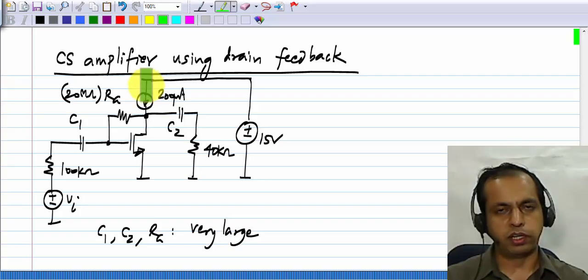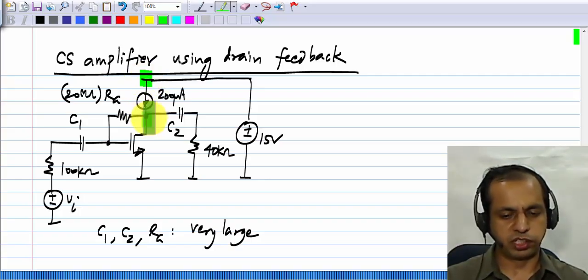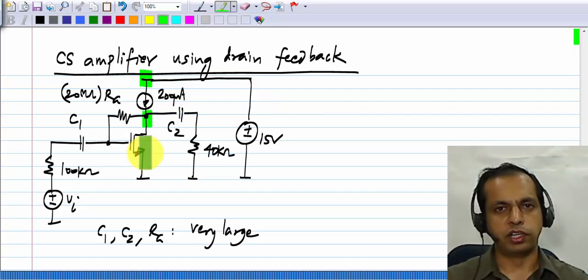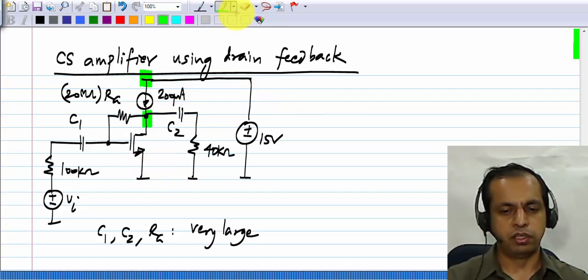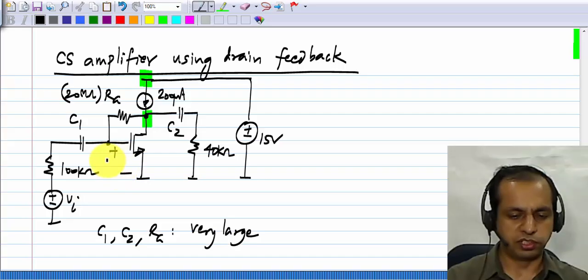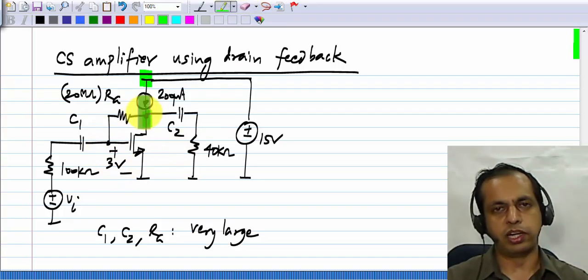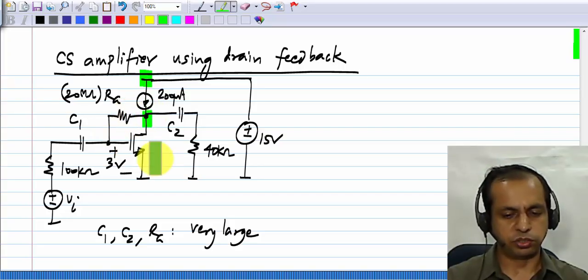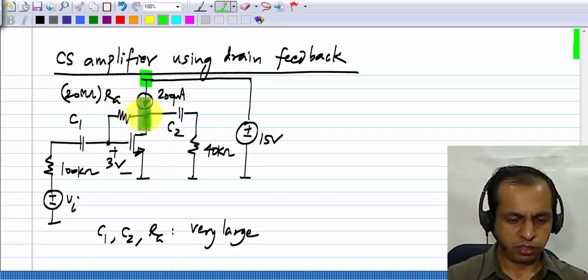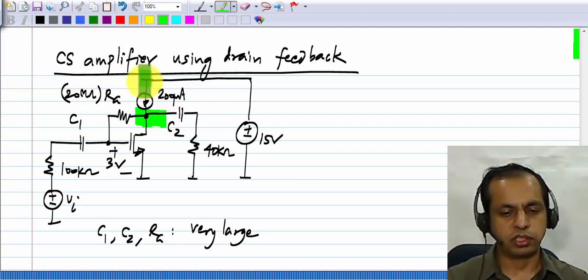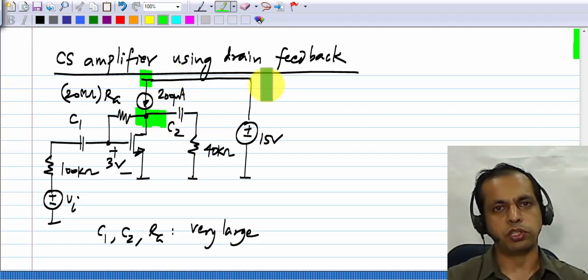You know what current source this is, it is 200 microamperes, and you know what voltage drop there is across it, because for a drain current of 200 microamperes, the gate source voltage of the transistor is 3 volts. And because no current flows through RG for DC, the drain source voltage is also 3 volts. So this point here is at 3 volts and this is at the supply voltage of 15 volts.